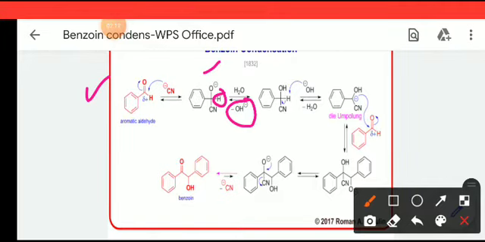This carbon will then further attack another benzaldehyde at the carbonyl carbon center, and that is why there will be a condensation product.